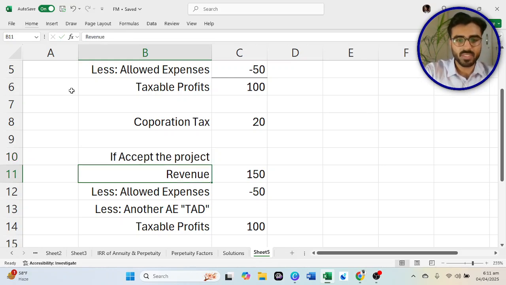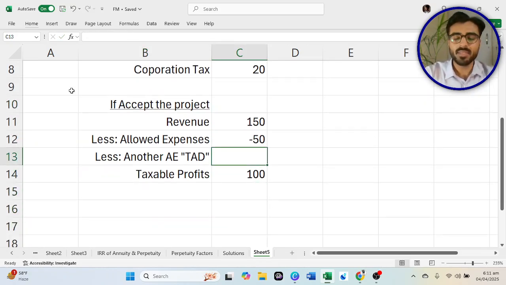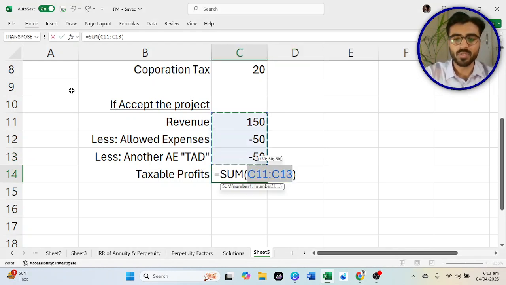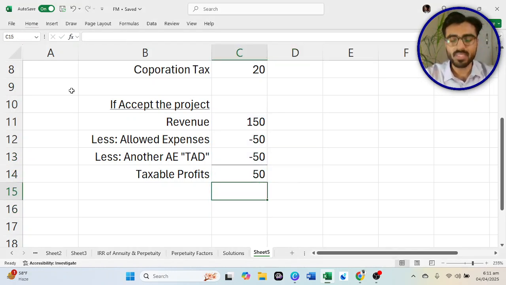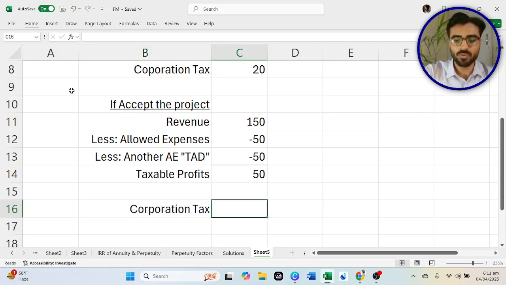If the business accepts the project, if the business invests in the project, then the taxation authority has allowed the business to deduct another expense that is known as TAD. And let's assume the TAD expense is minus 50. So now the taxable profit figure would decrease to $50, and the corporation tax that the business now needs to pay would be equal to $50 multiplied by the corporation tax rate, which is 20%.